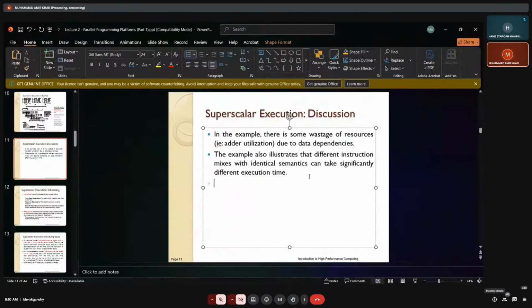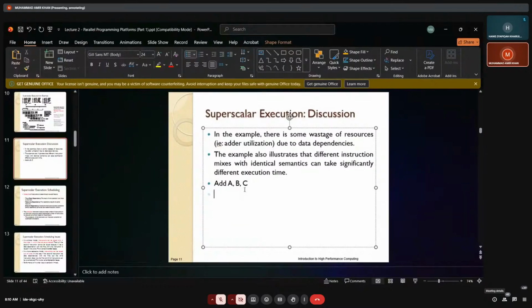For example, if I say add A, B, C, it means take the values from B and C and assign to A. This is one instruction.